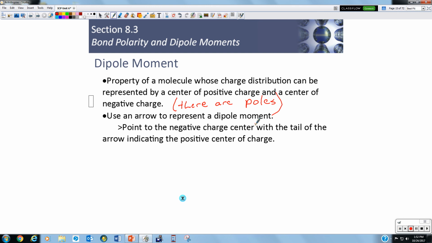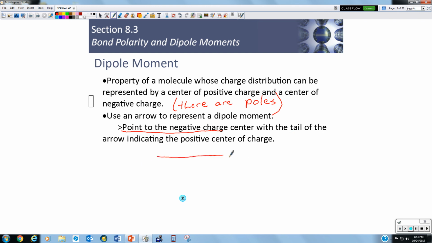There are opposite poles. To create a dipole moment, we use an arrow to represent it. We point to the negative charge, with the tail of the arrow indicating the positive charge.